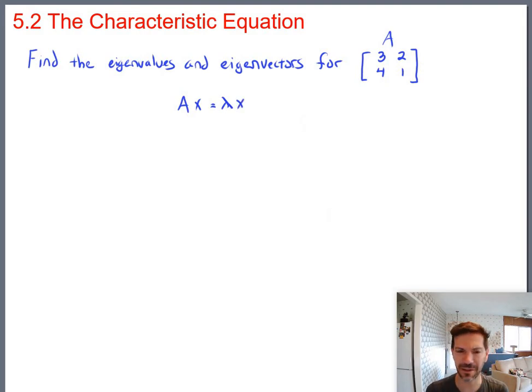So we've got two things to solve for. Normally when you're trying to solve an equation with two unknowns, that's not enough information. But this isn't just single constants and variables here. We've got a lot of information in that A, in that matrix. So let's make use of that.